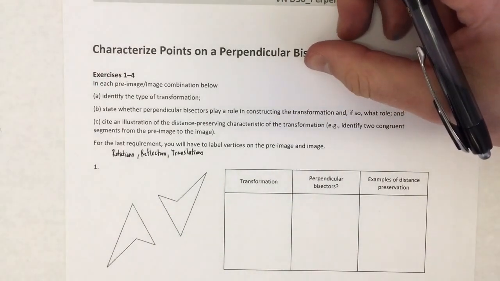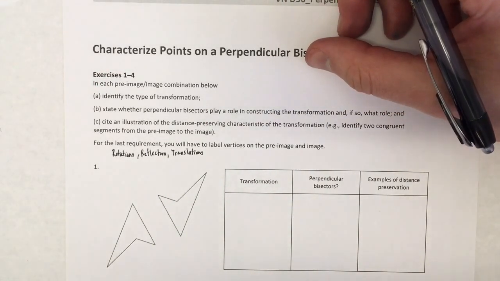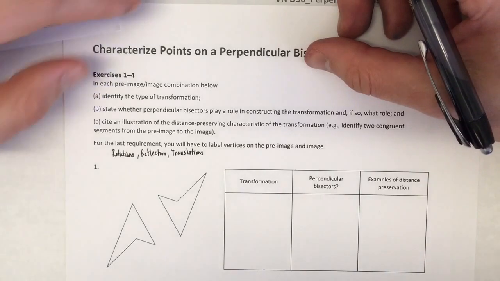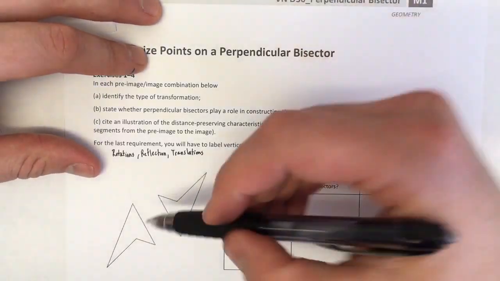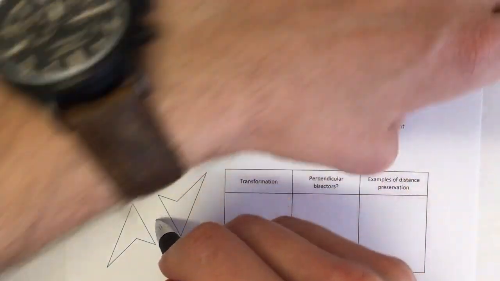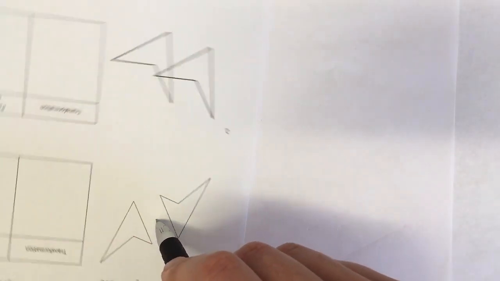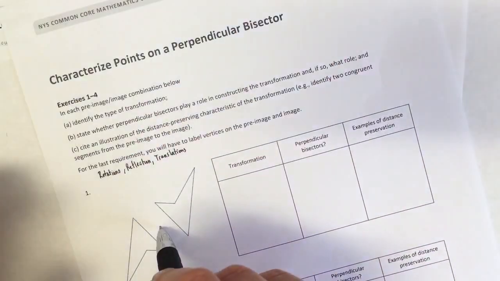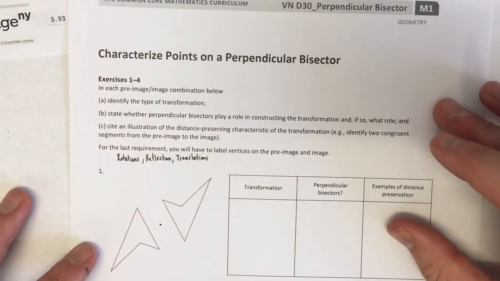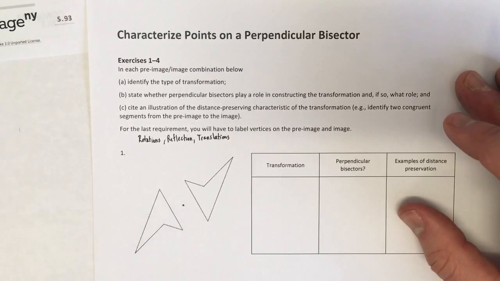Okay, and sometimes what you need to do is you need to say what they're not. And right now I can basically identify that this is a rotation because if I took my paper and spun it, I'd end up with the same image as I had previously. So at least that gives me like a starting point.